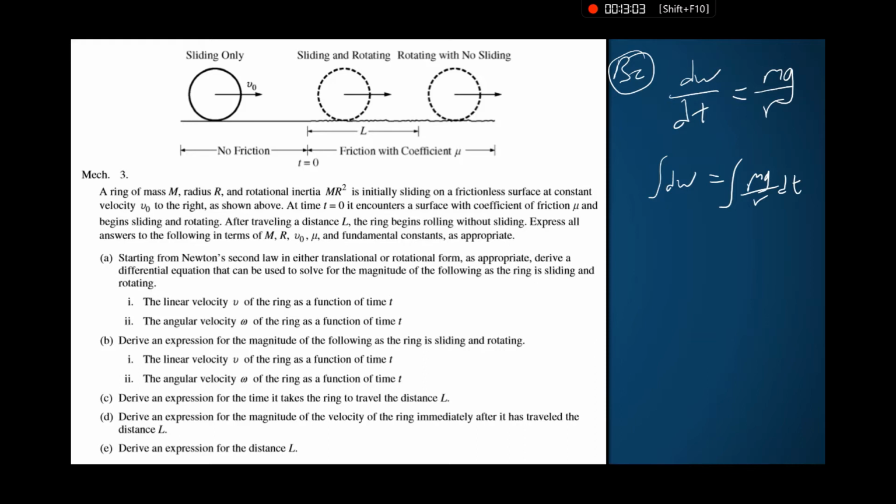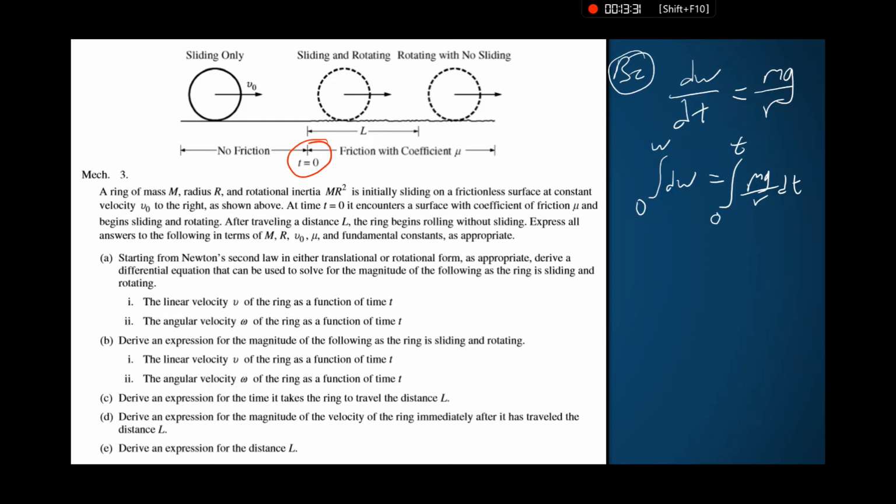Okay, so I didn't point this out in the picture, but t equals 0 is right at the point where we start rotating. Okay, so the initial omega is 0. Okay, cool. So 0 to what? Perfect.